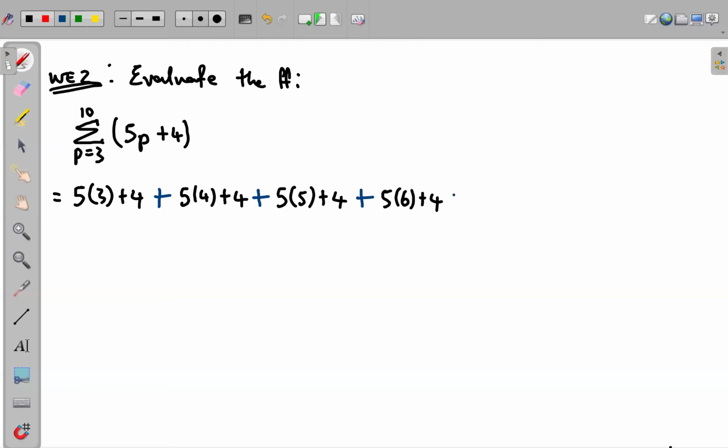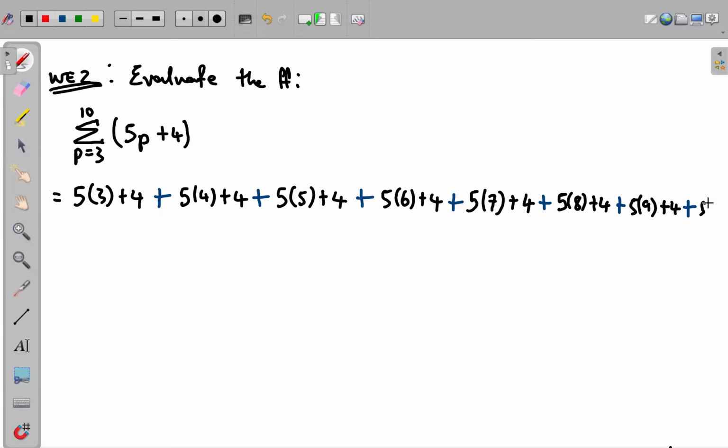I'm going to rewrite all of them so that you see something very important here. Remember, you're not expected to do this, but I need to show you something. Before I show you this rule, I need you to see it as I expand manually. So this is 5 times 8 plus 4. The pluses that are in blue are basically to illustrate the meaning of sigma. What is in black is just me substituting into the expression.